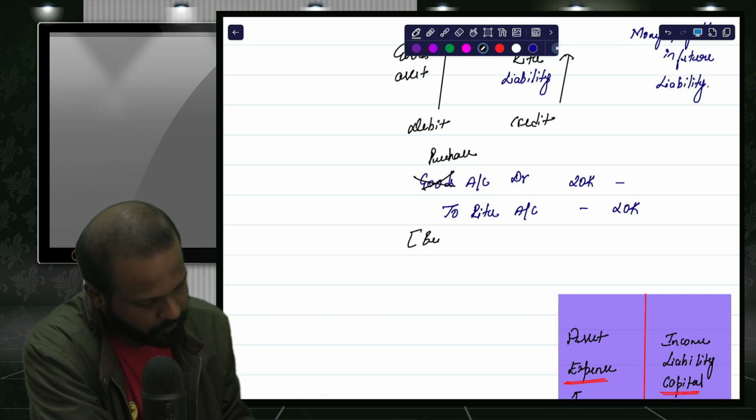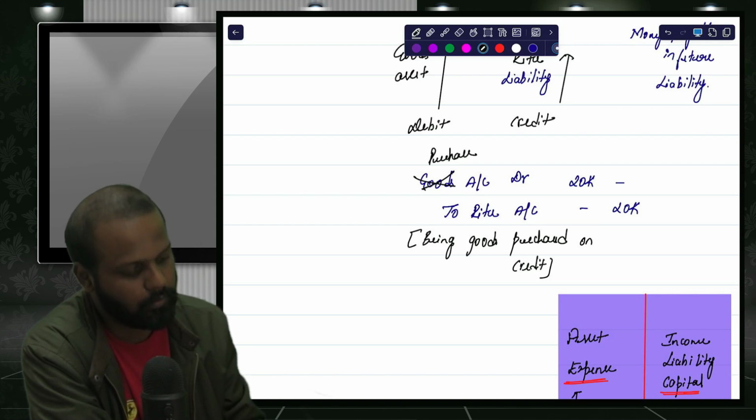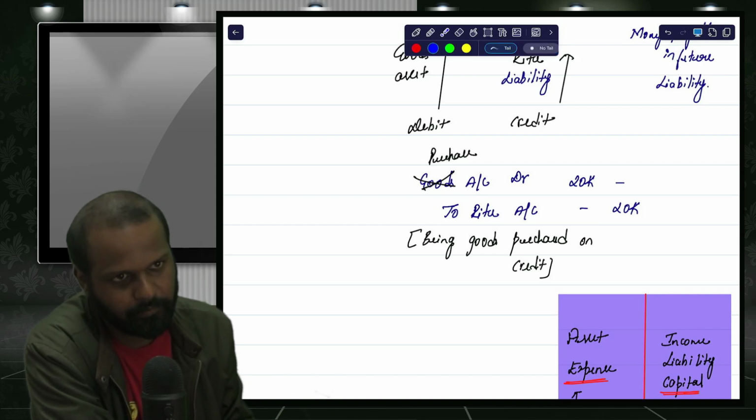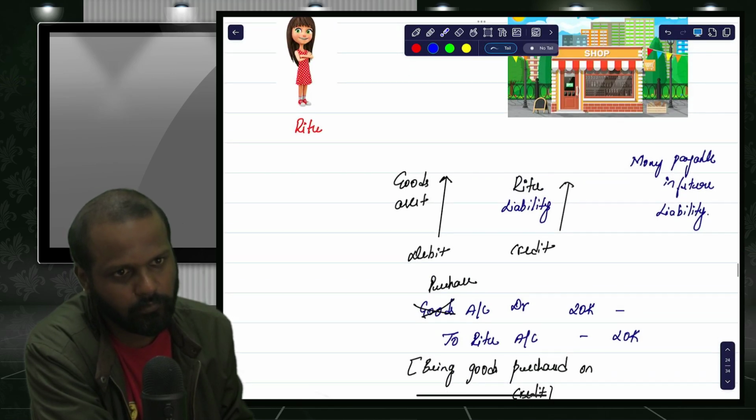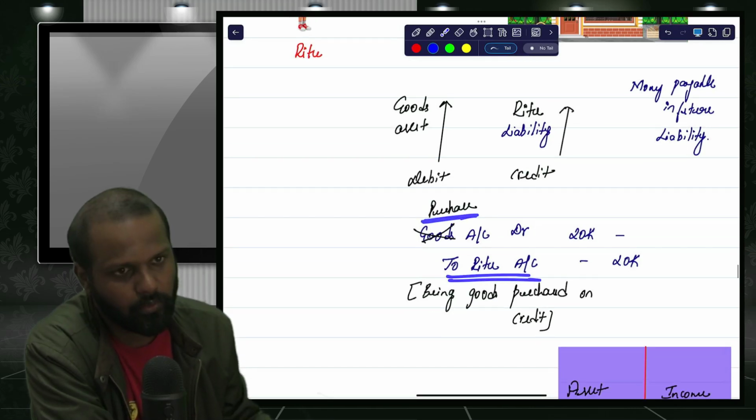So narration will be: being goods purchased on credit. So the correct entry is purchase account debit to Ritu account.